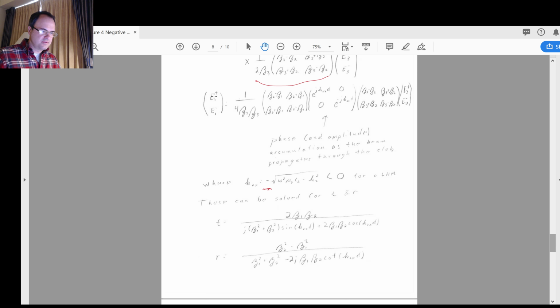Reflection coefficient is right here, E1 minus, you let that be equal to R. And our incident beam has an amplitude of 1, so you let that be 1.